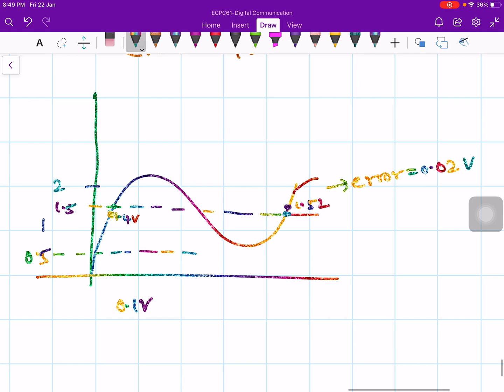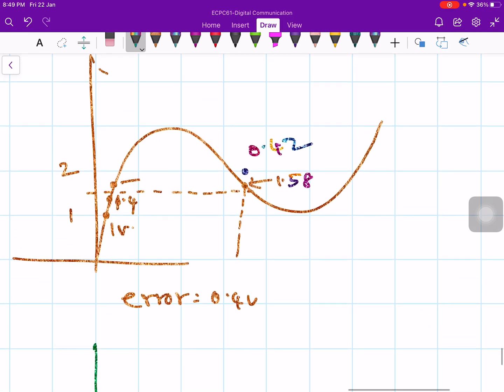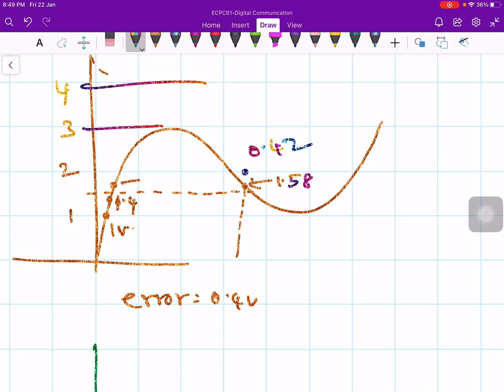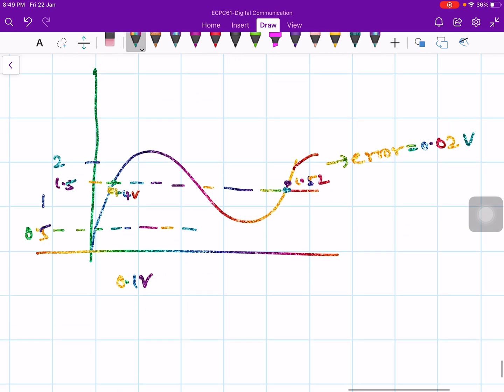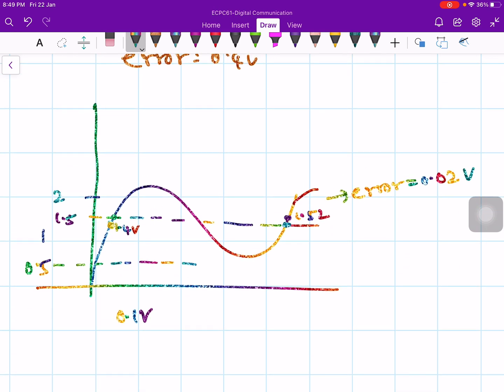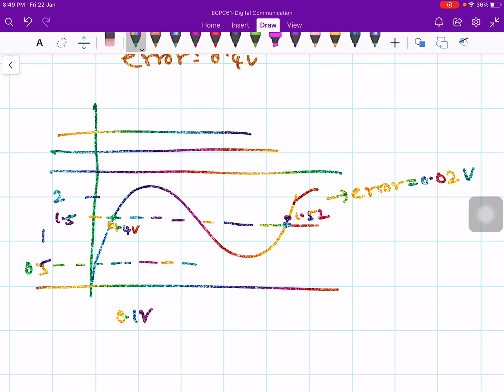Here the number of quantization levels is, let's say, 4. Here Q is equal to 4 levels. Now if I wish to use 8 levels, 1, 2, 3, 4, 5, 6, 7, 8 levels, here Q is equal to 8.